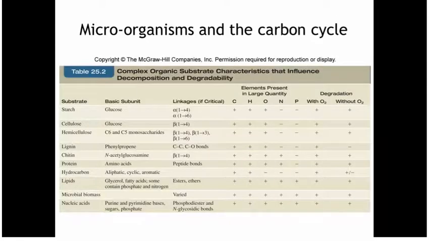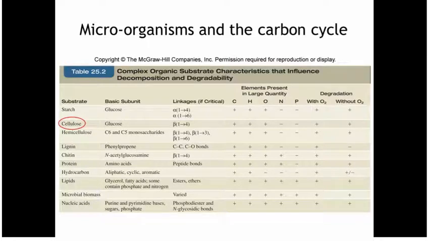So for the degradation of organic carbon, most microorganisms can use simple sugars, peptones, fatty acids, purine, pyrimidine bases as forms of carbon. They're easy to metabolize. But there are some forms of carbon that are difficult to metabolize.